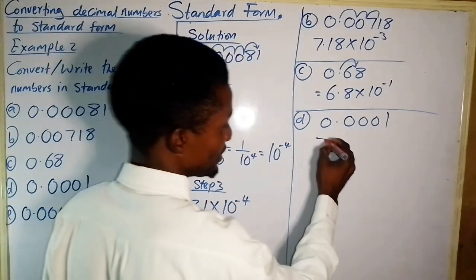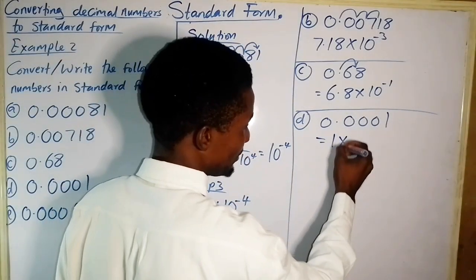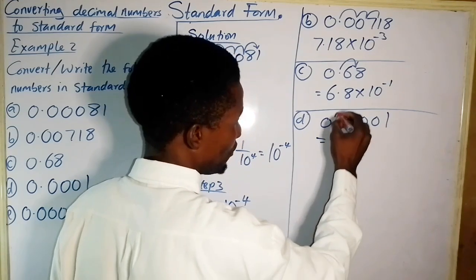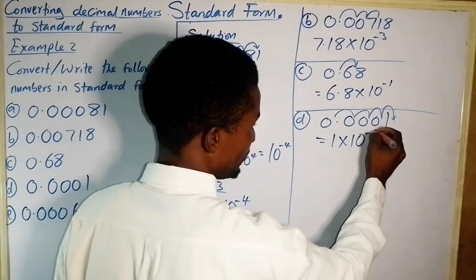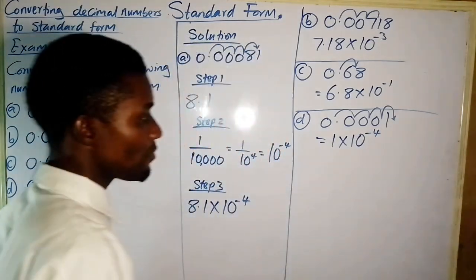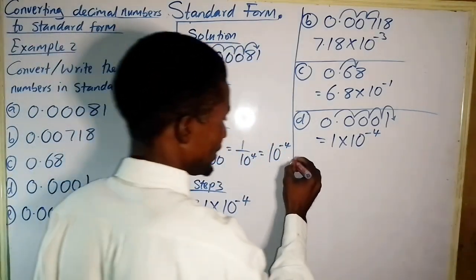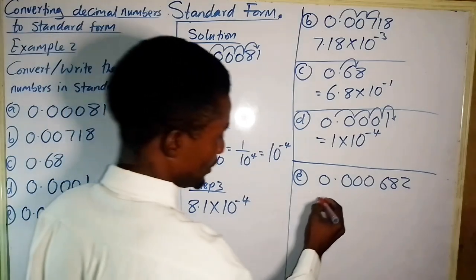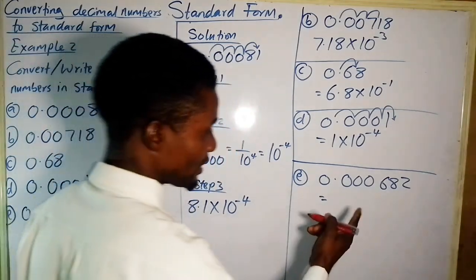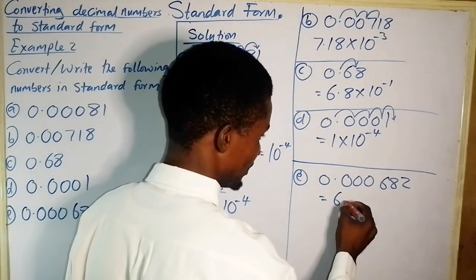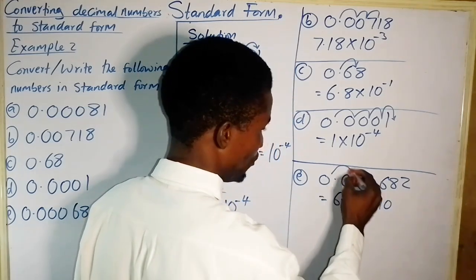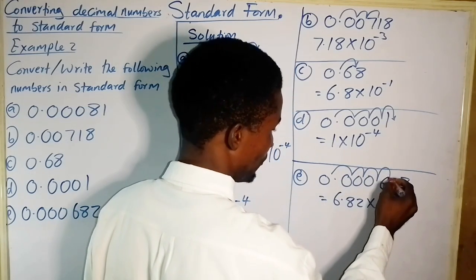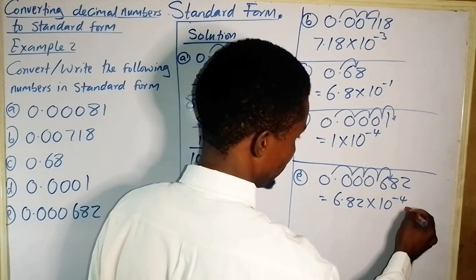Now let's express this in standard form. This will be 1 times 10 raised to power, 1, 2, 3, 4, minus 4. That is our standard form. Now to express this in standard form, let's identify the non-zero number: 6.82 times 10 raised to power 1, 2, 3, 4, minus 4.